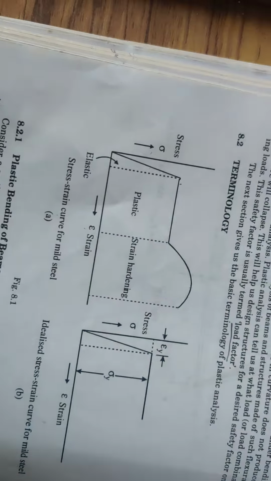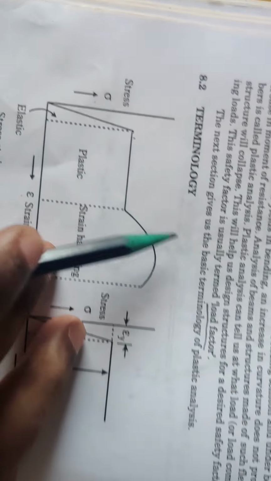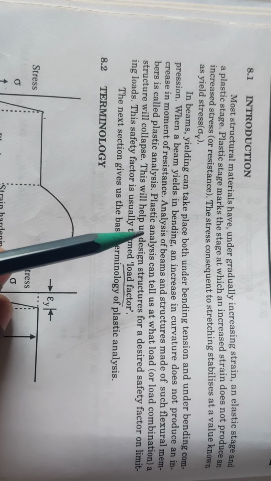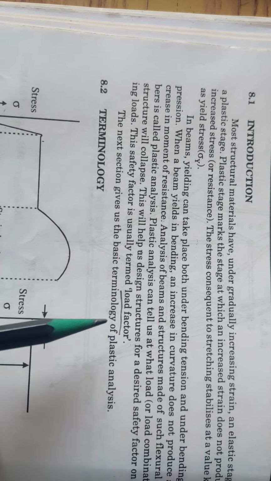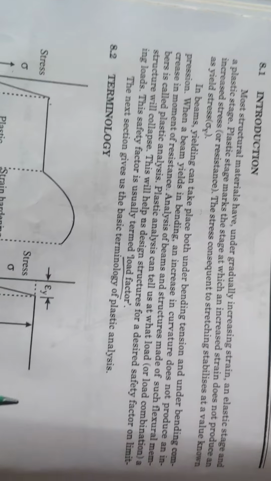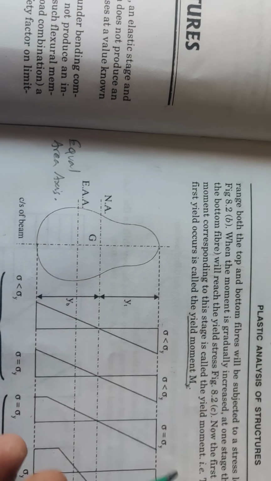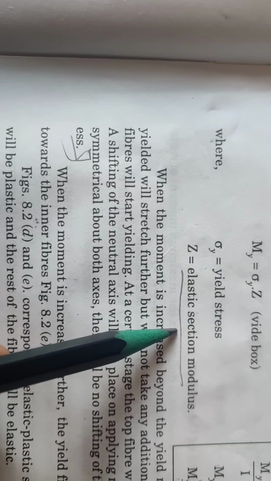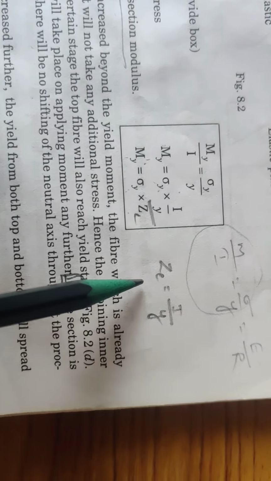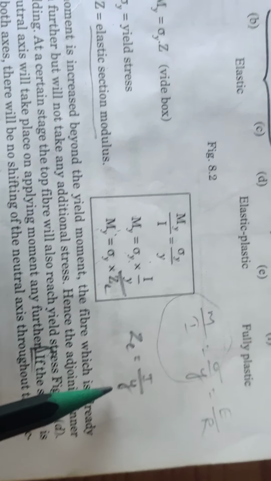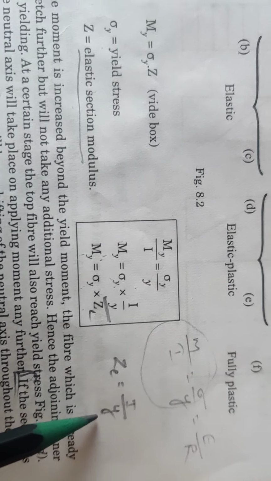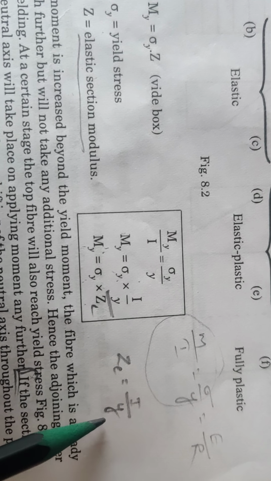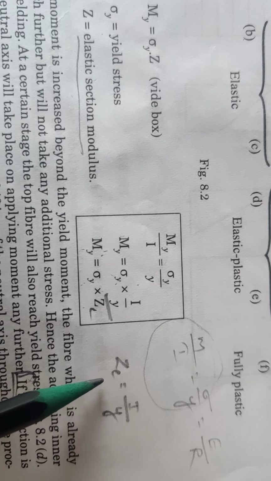Okay, so what are the 2 marks so far we saw? Define plastic analysis, or what is plastic analysis they'll ask, and what is the load factor. Okay, and they'll ask yield moment. Then elastic section modulus. Elastic section modulus is the ratio of moment of inertia to the half depth of the neutral axis. So ZE is equal to I by Y, or simply they will denote as Z. Okay, elastic section modulus.